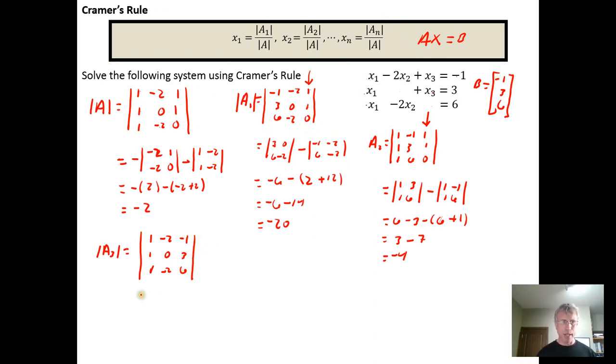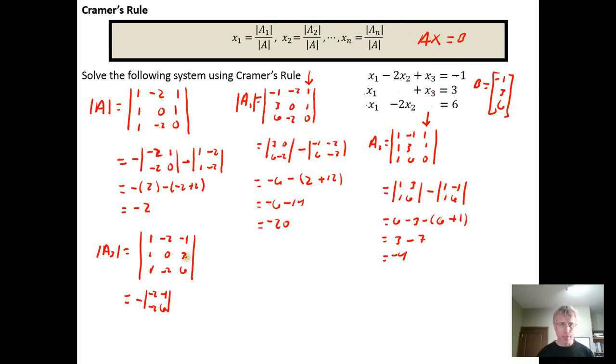We get to expand this however we want, so I'm going to do it with respect to row 2. So we're going to get plus minus 1 times the minor when we eliminate column 1, row 2, which will leave us with a negative 2, negative 1, negative 2, 6.